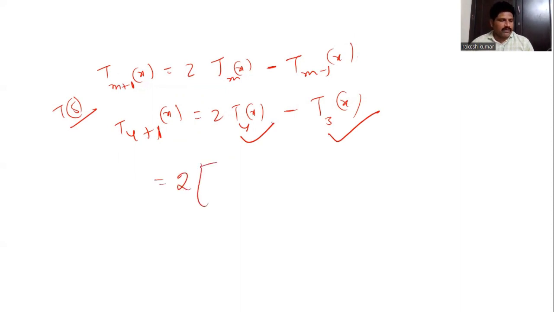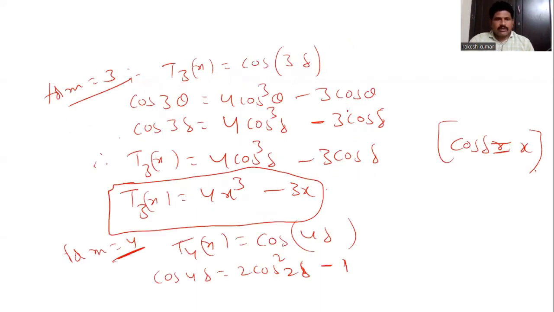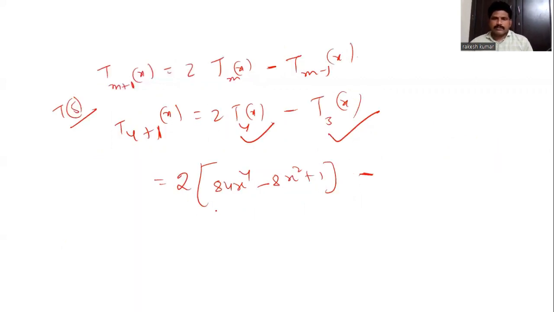We have calculated T4 of x is 8x power 4 minus 8x square plus 1, minus T3 of x, which is 4x cube minus 3x. If we substitute like this, we will get different values.